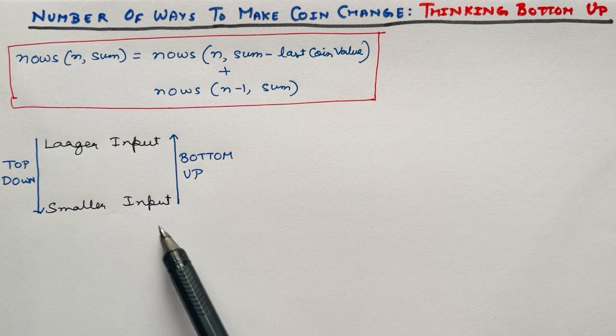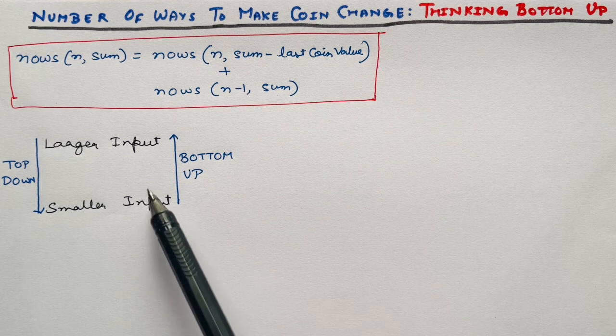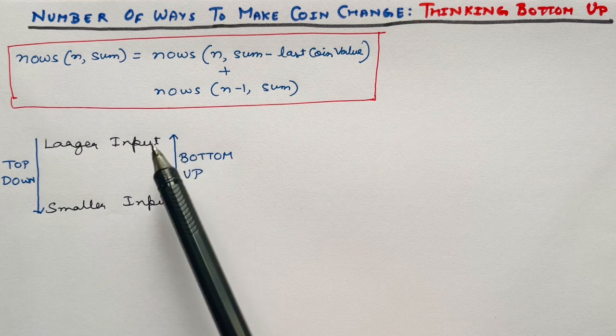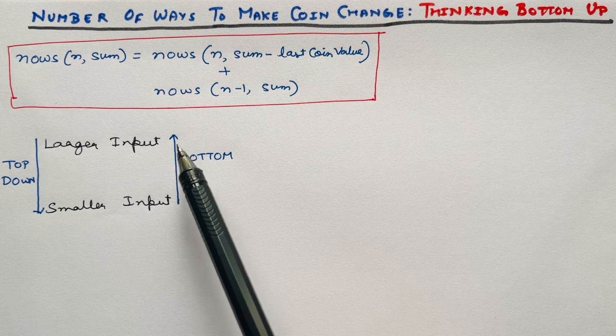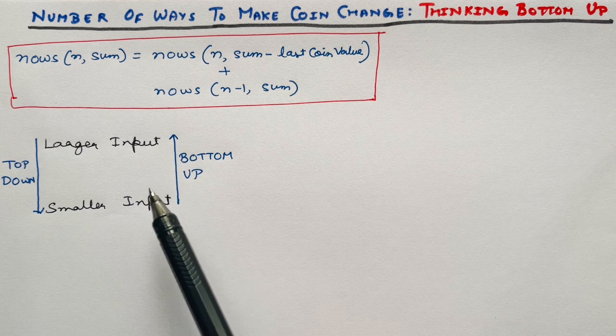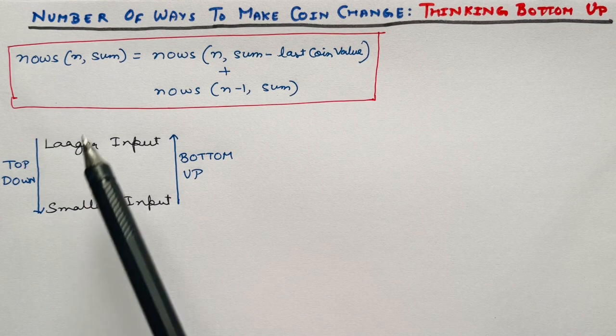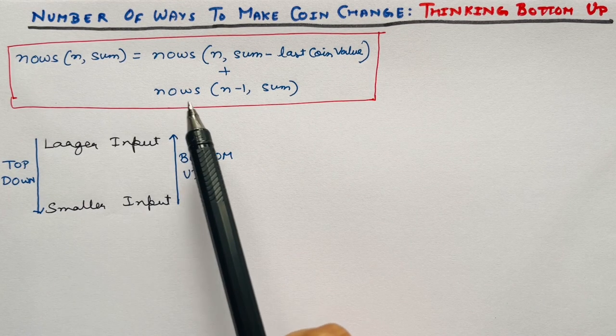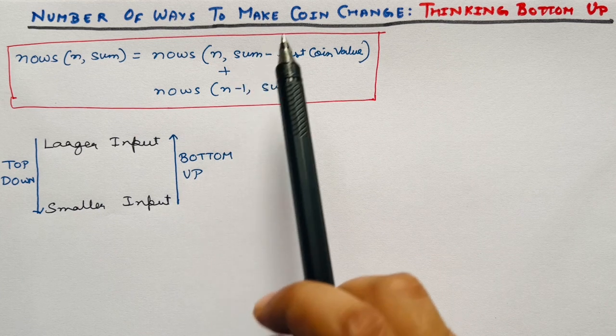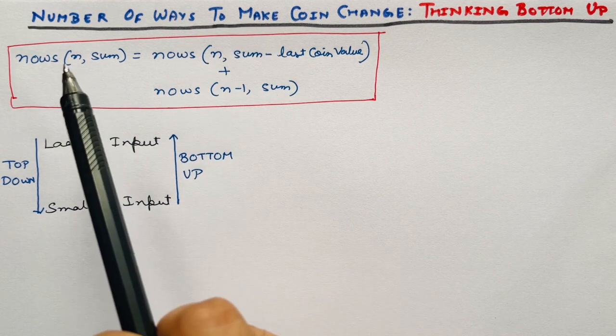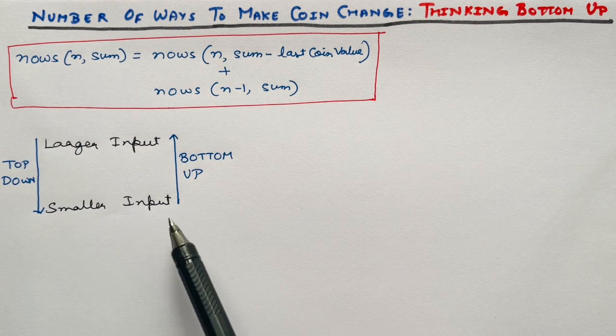We start with the smallest inputs and then gradually move upwards towards the larger input. At the end, we will reach the solution to the input which is asked in the question. We will still use the insight of the recursive relation. We will still use answers of smaller problems to derive the answer for larger problem, but we are doing this in the reverse direction.